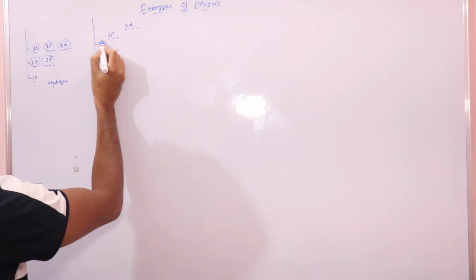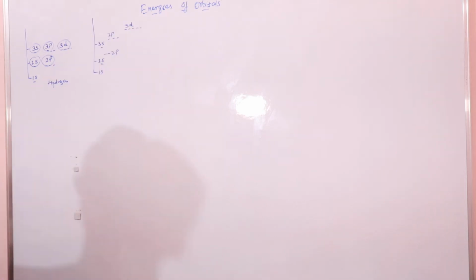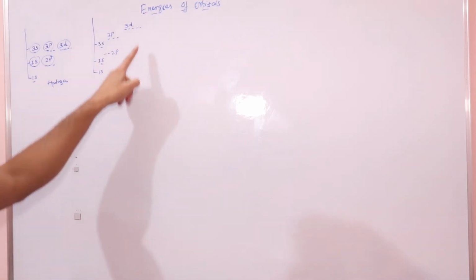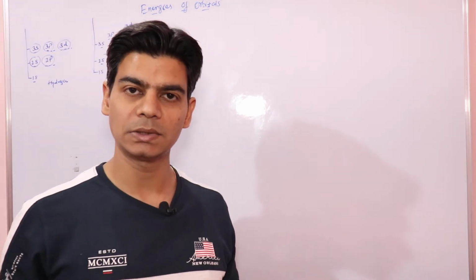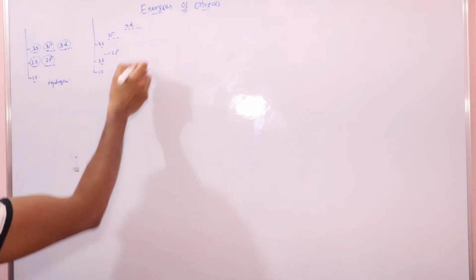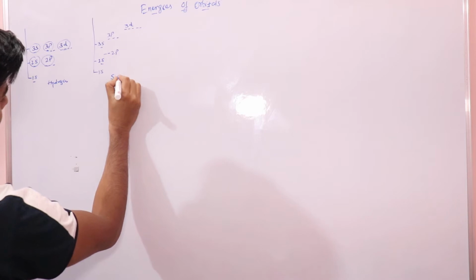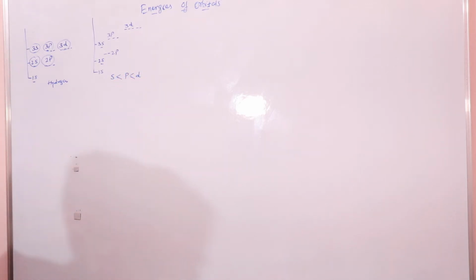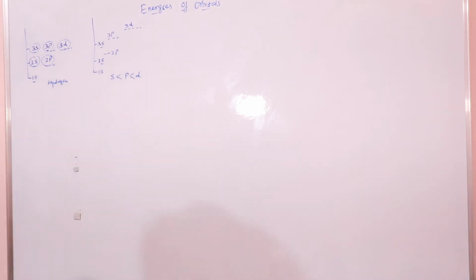That means the energy of 3s is lowest, 3p is above that, and 3d is highest. So for any multi-electron atom, the energy order is s, p, d. The energy of s is lowest, then comes p, then comes d.